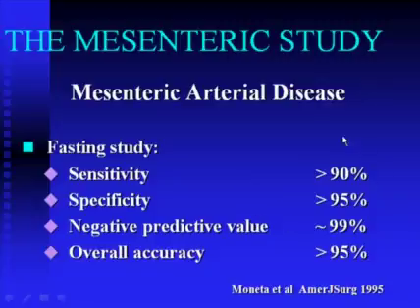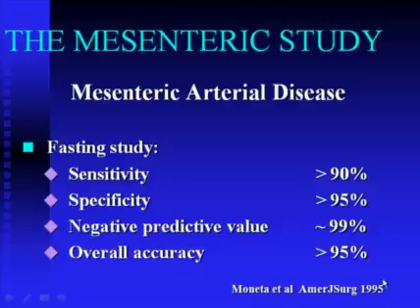And that brings up another point. We used to do a caloric challenge with these patients and give them something to drink which had a known caloric content which would stimulate the gut, and we would then compare the fasting data to the postprandial data. And really that isn't necessary any longer given the quality of today's duplex ultrasound instrumentation.